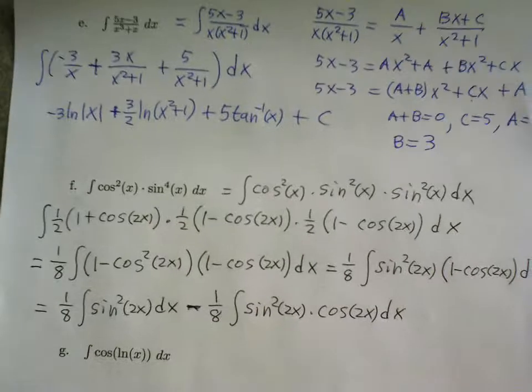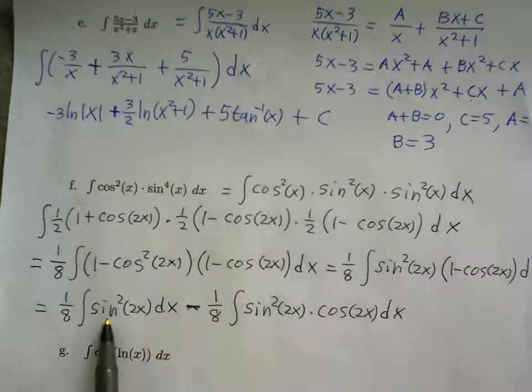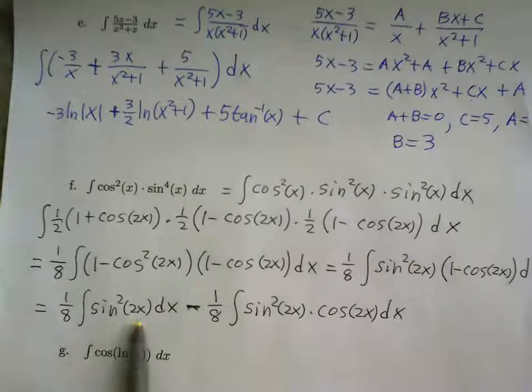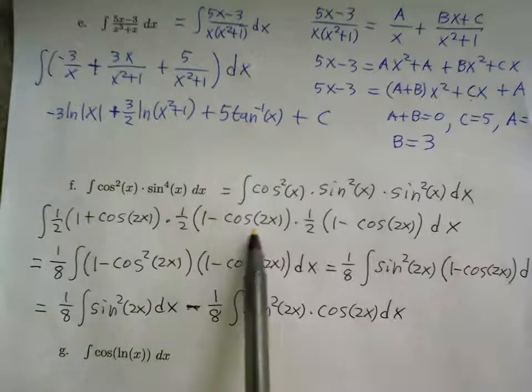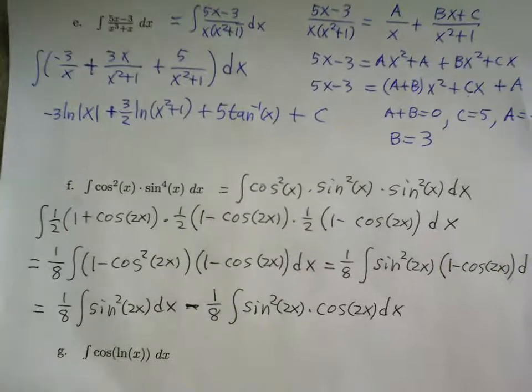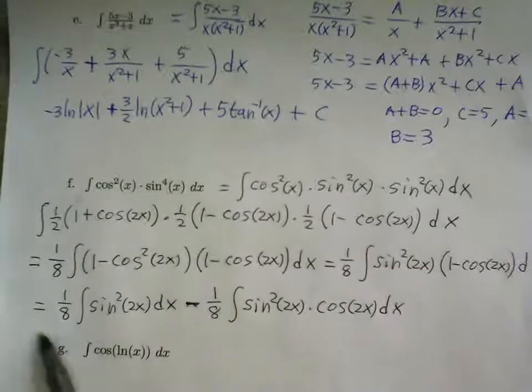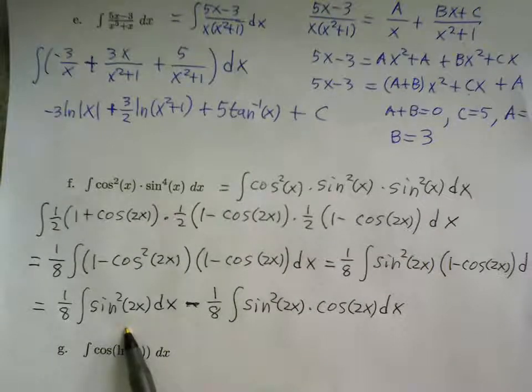Okay, I'll say a couple more things, but then leave the rest of this for you. You can replace sine of 2x squared with the quantity 1/2 minus 1/2 cosine of 4x using the same kind of identity that we already used before. And then that will be fairly simple to integrate after that.